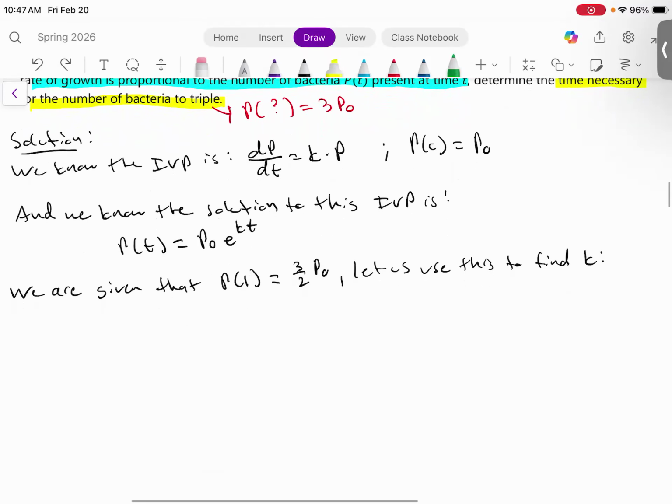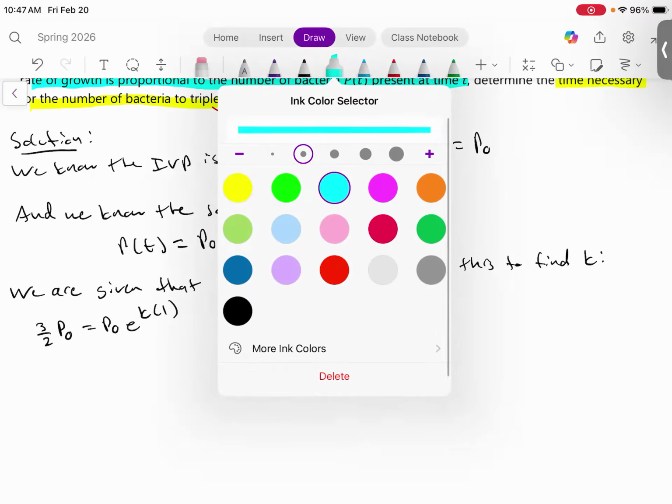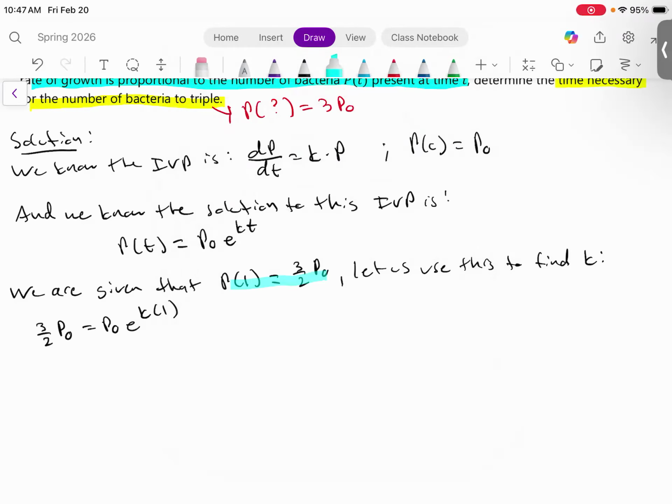So what we would do is set it up like this. We would set up 3 halves times initial population equals the initial population, e to the k times 1. So really what I'm doing is taking this condition I'm given and plugging it into my solution, and we're going to figure out what k is.